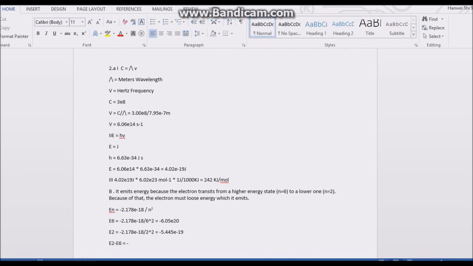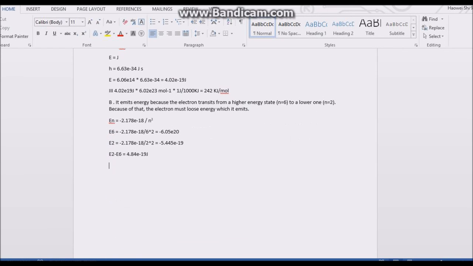Sorry about that. I just need to look up the answers just to be sure. Okay, 4.84 E negative 19 joules. So based on that, we could calculate the frequency. I'm not going to do the specifics because it's pretty self-explanatory.